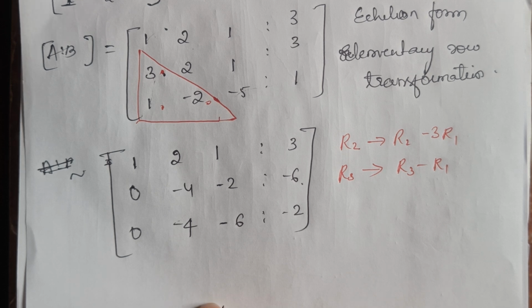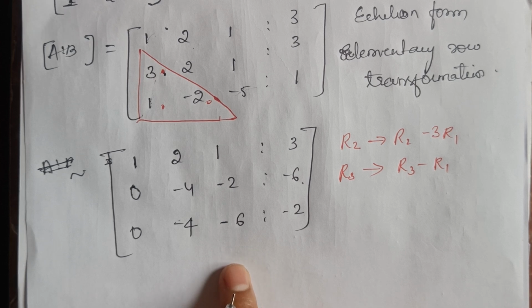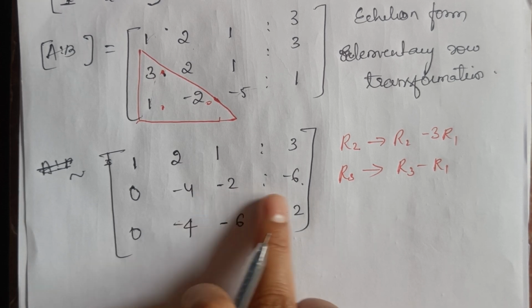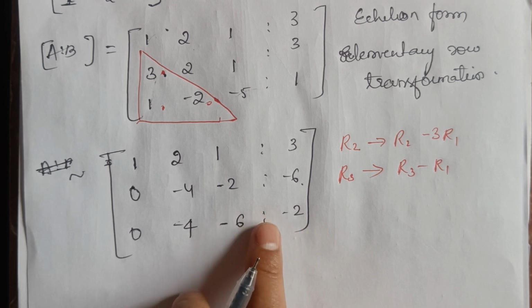As all the numbers in row 2 are negative, I will just change it to positive.